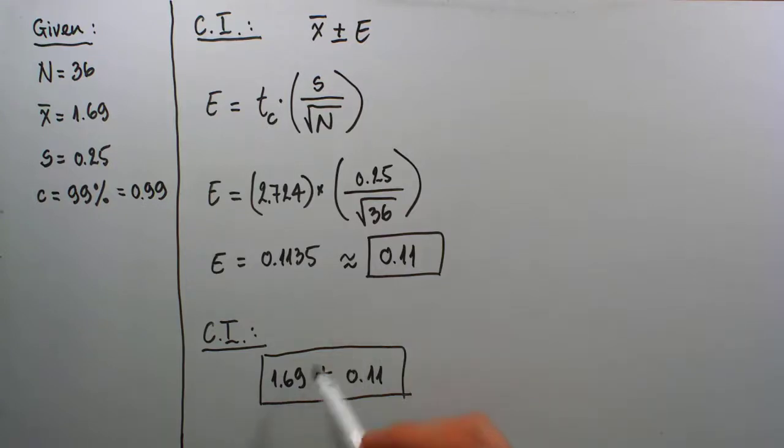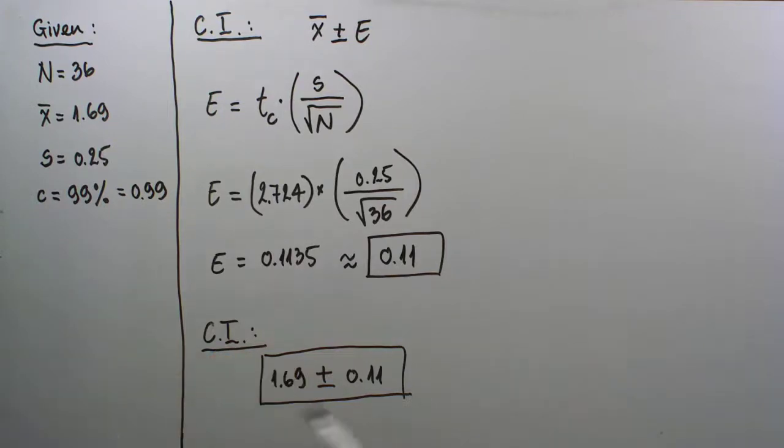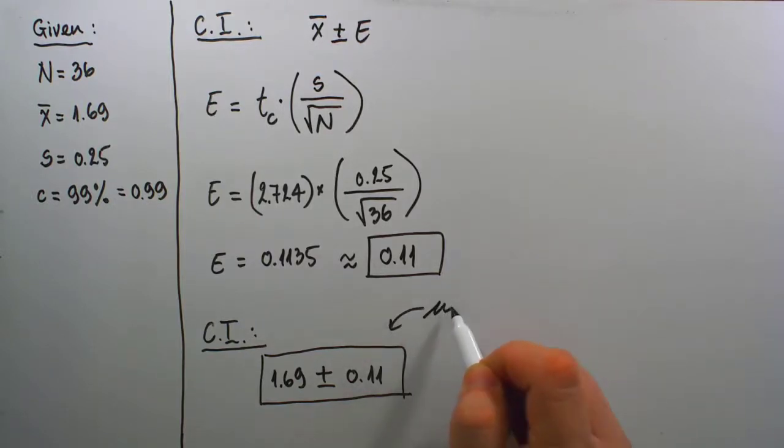And this estimation is being guaranteed at a 99% successful rate or 99% confidence level. So the chance of success is that high for a confidence interval like this. And so mu is expected to be inside of that interval.